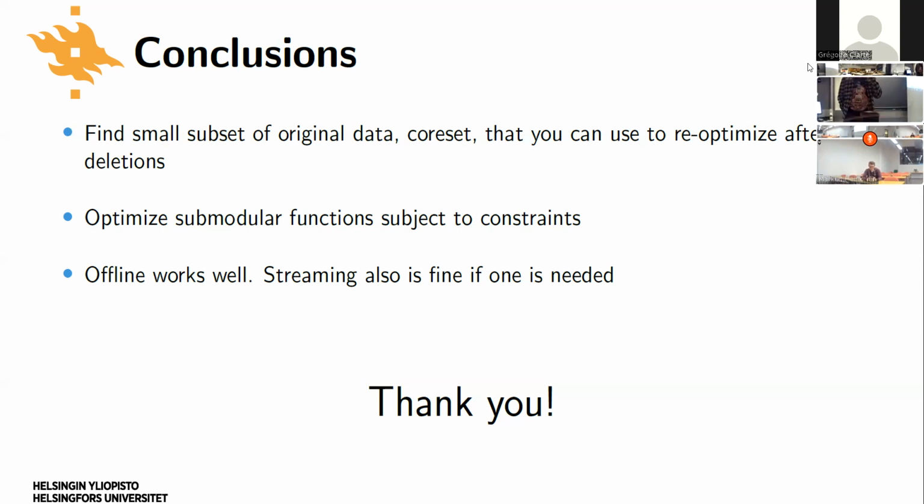So maybe there are some other optimization problems that you can think of, where this kind of approach makes sense. That would be an interesting line of work to look at, if someone wants to think about where to go next. All right, thank you.